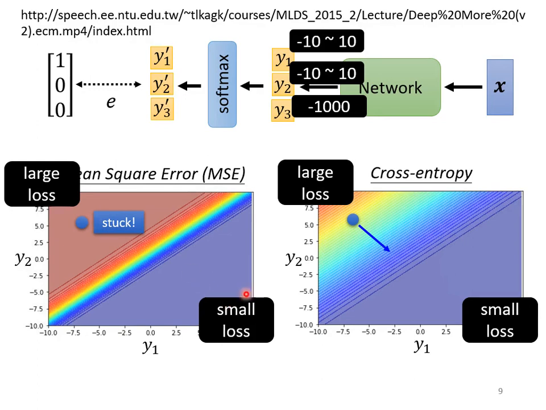So if you choose mean square error as the loss function, you are very likely to fail in training a classification model. But if you have a good optimizer, it is a different story. If you are using Adam, whenever you are at places where the gradient is too small, the optimizer itself automatically increases the learning rate for you. Maybe you still have a chance to reach the bottom right corner.